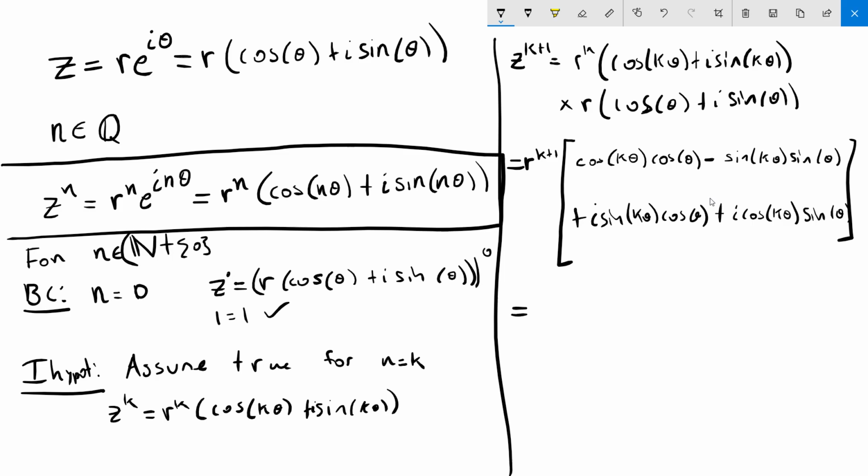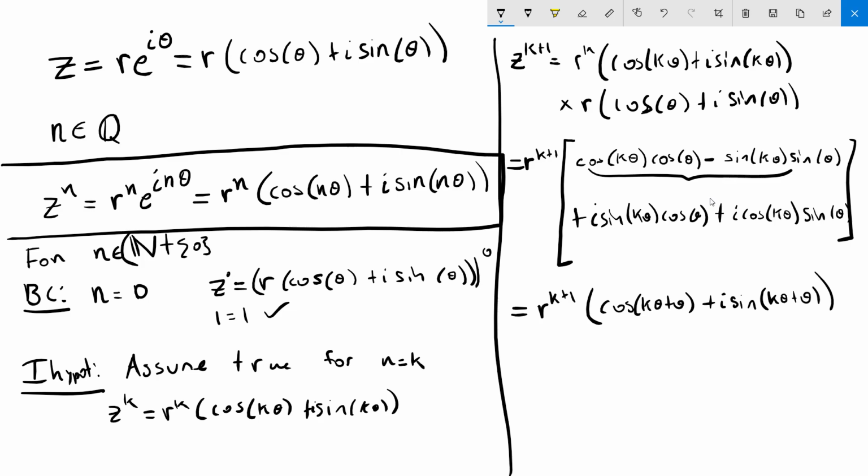Well, this is pretty clear. We've already done this exact same thing. This here is just the expansion for cosine of k theta plus theta. So here we've got r to the k plus 1. Inside, we can write this entire expression as cosine of k theta plus theta, and this entire expression as i sine of k theta plus theta.